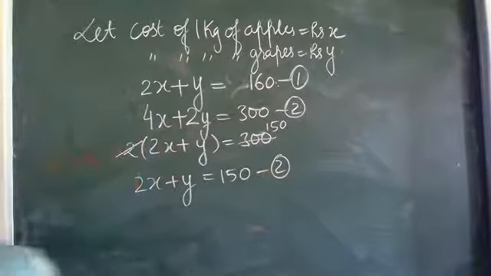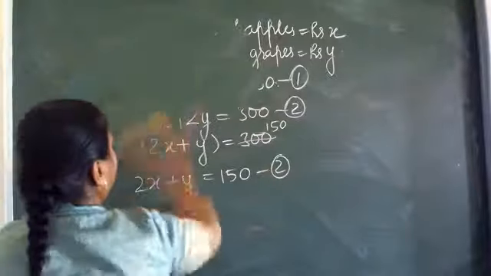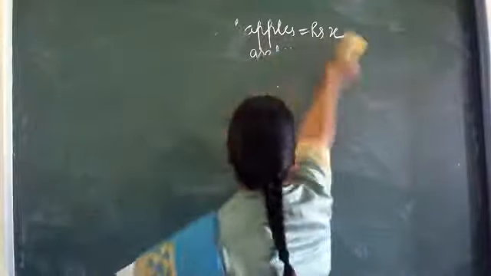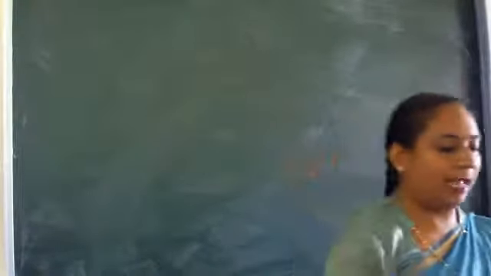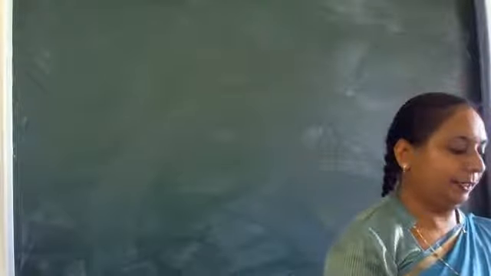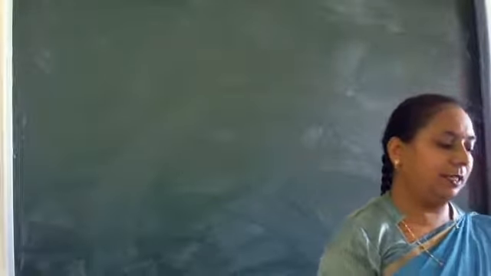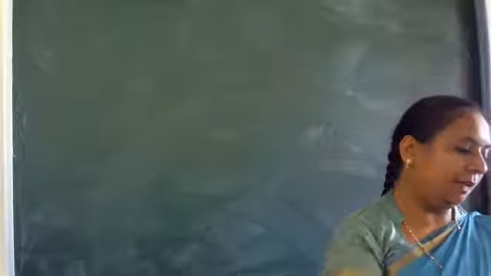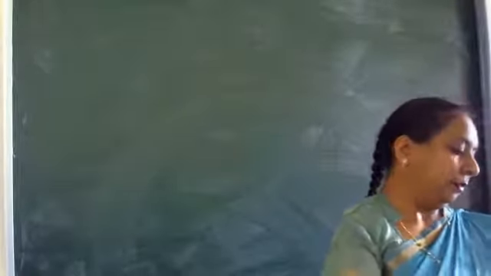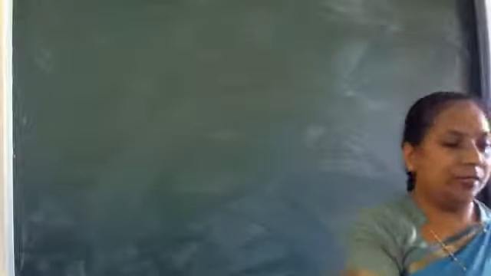Now the next question. Aftab tells his daughter, 7 years ago, I was 7 times as old as you were then. Also 3 years from now, I shall be 3 times as old as you will be. Represent this situation graphically and algebraically.